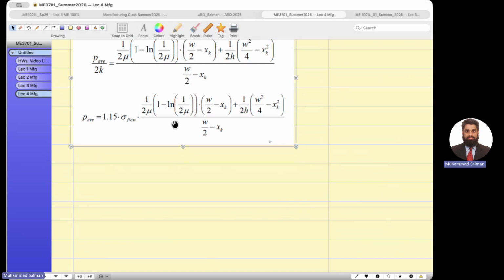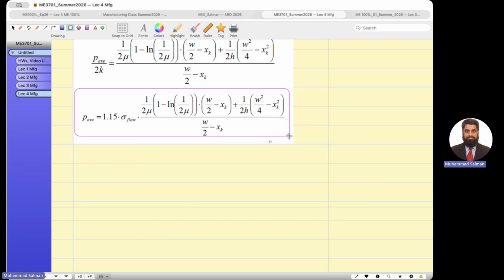So this was my average pressure of the sticking region, divided by the center line minus xk. Up until from 0 to xk is the sliding region, and half of the width minus xk is all sticking. You see my point, guys?